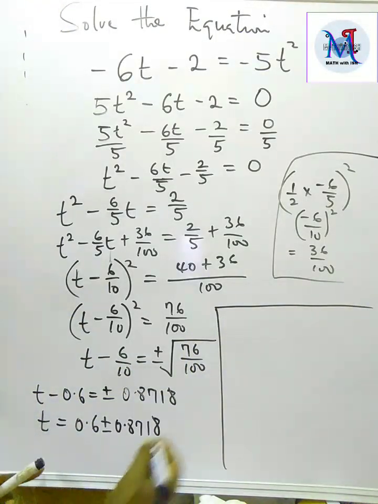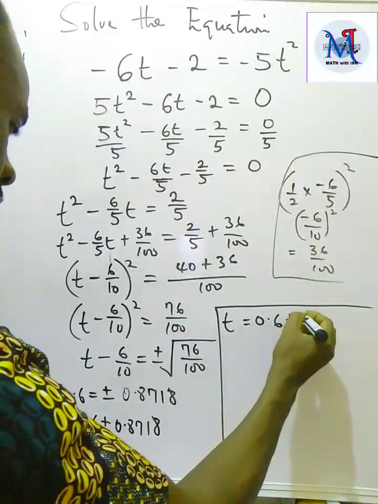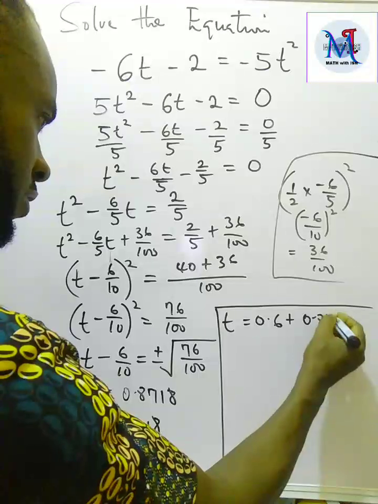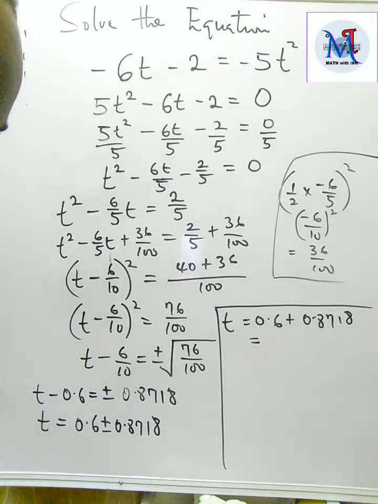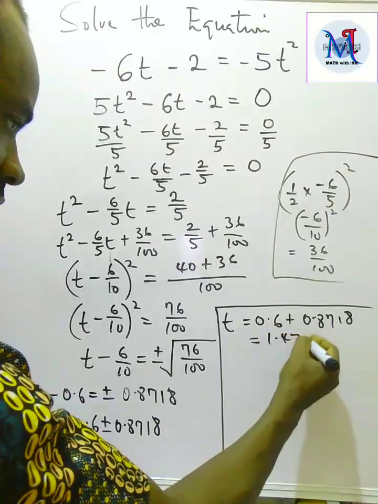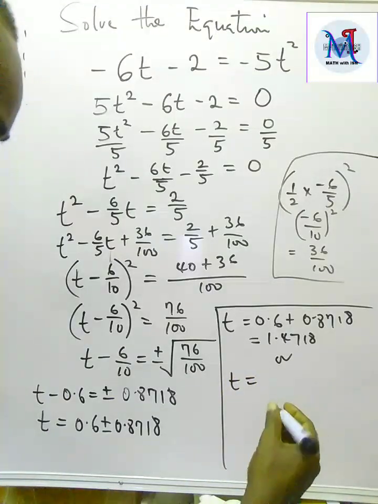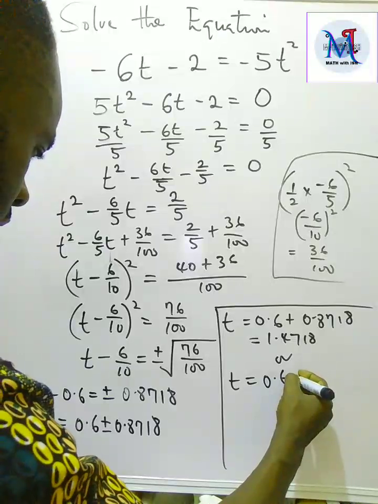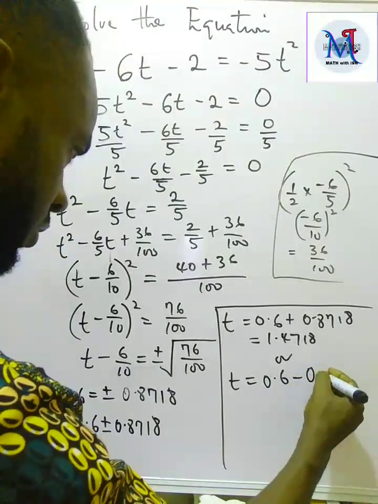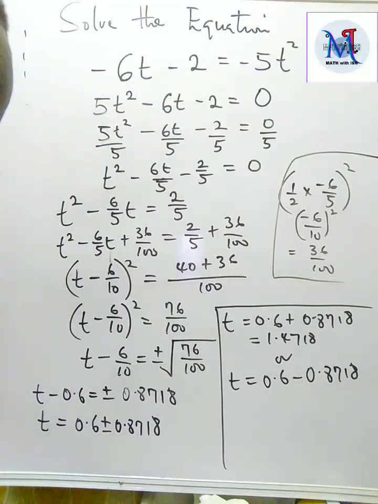Let me come here to finish it. Which means that our t is 0.6 plus 0.8718, which is going to give us 1.4718, or t will be equal to 0.6 minus 0.8718.